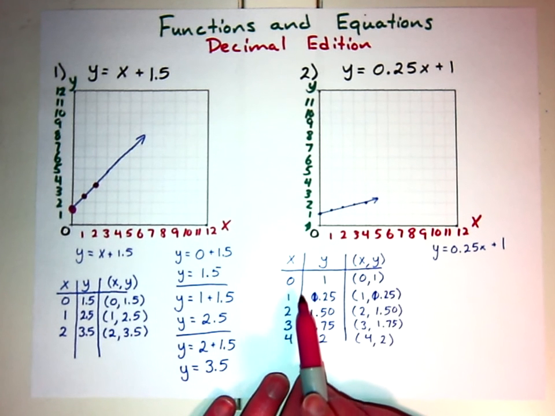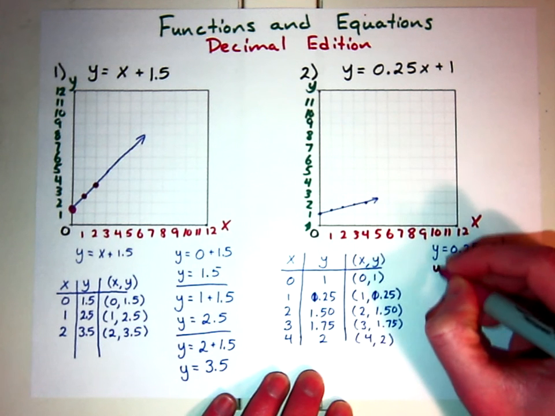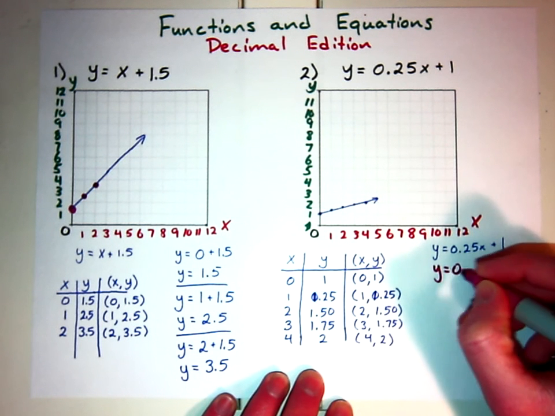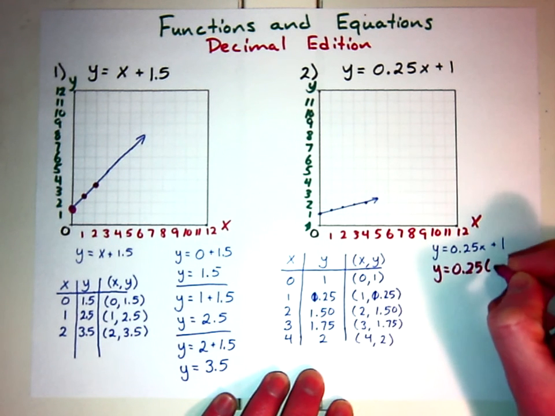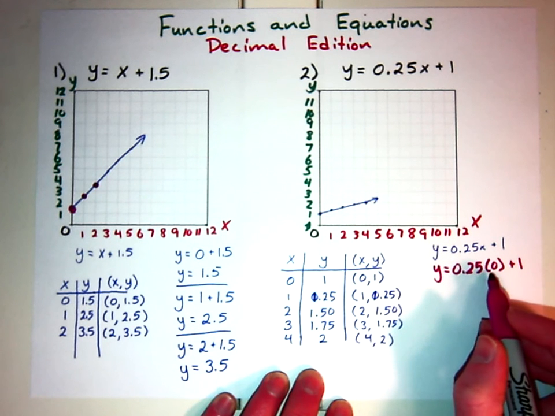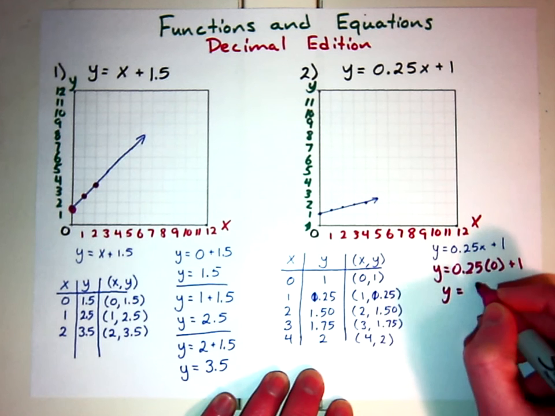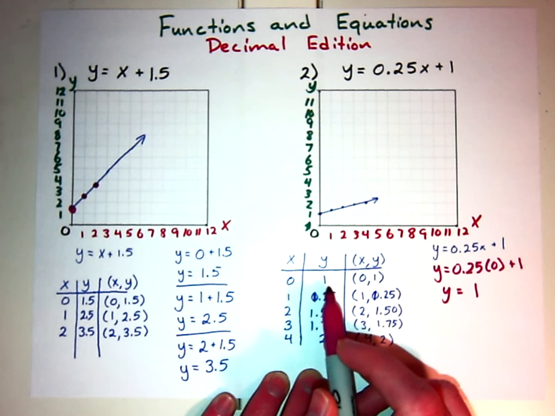Alright, so for the first problem here, I'm testing 0, 1, 2, 3, 4. If I'm to plug these in, I'd be y equals 0.25 multiplied by 0 plus 1. Well, anything times 0 is 0, so that's going to end up just being 1, because it's going to be 0 plus 1. Okay, and that's what I got here.